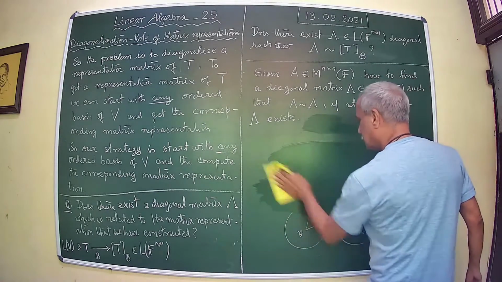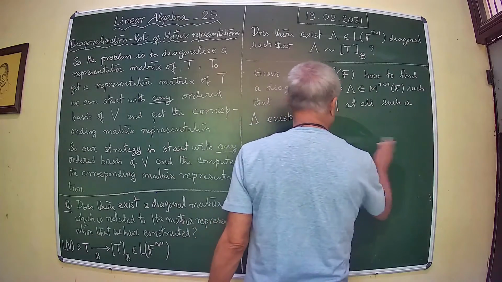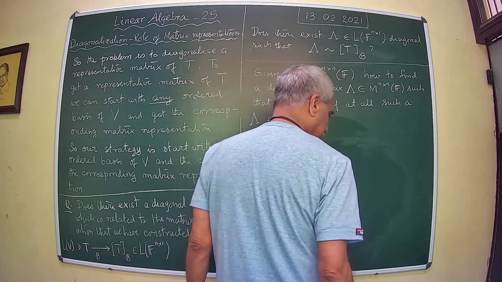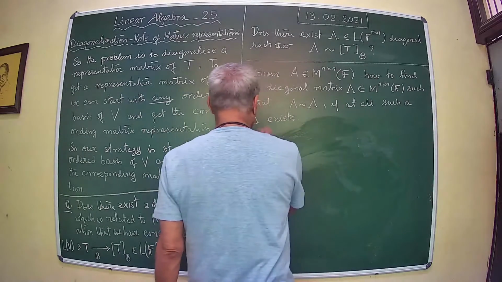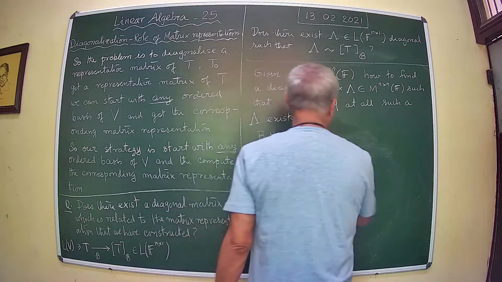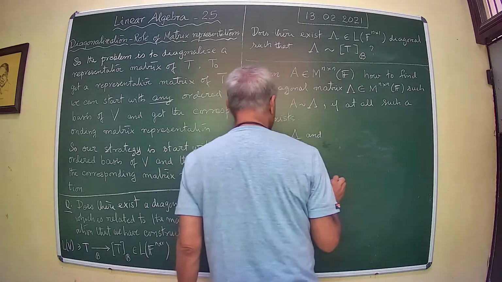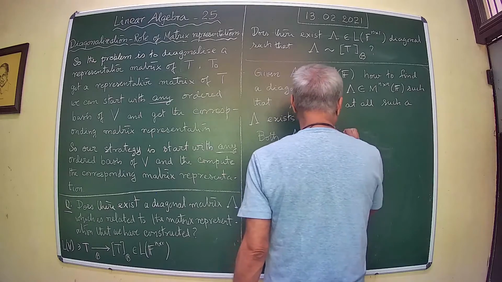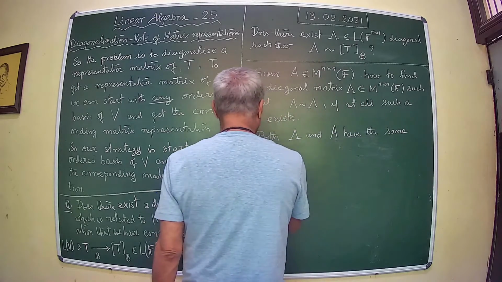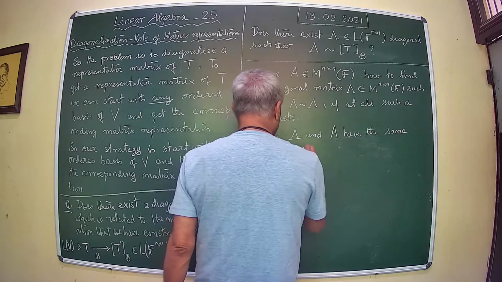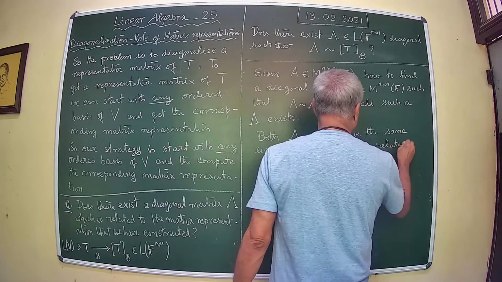Now we know that both lambda and A have the same eigenvalues, if they are related.